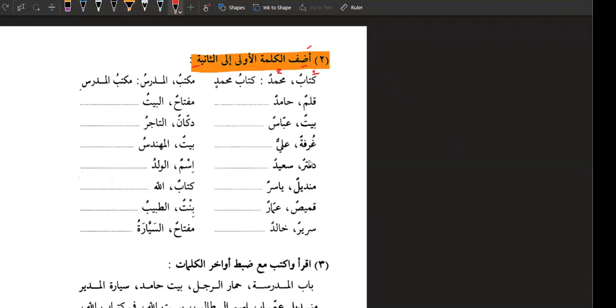So all of these are the first words and all of these are the second words. So he wants you to join these two words to make them mudaf and mudafun ilayh, to make them possessive. For example, kitabun with two dhammas, and we have Muhammadun two dhammas as well. So we join the two together. We say kitabu Muhammadin. Kitabu Muhammadin.